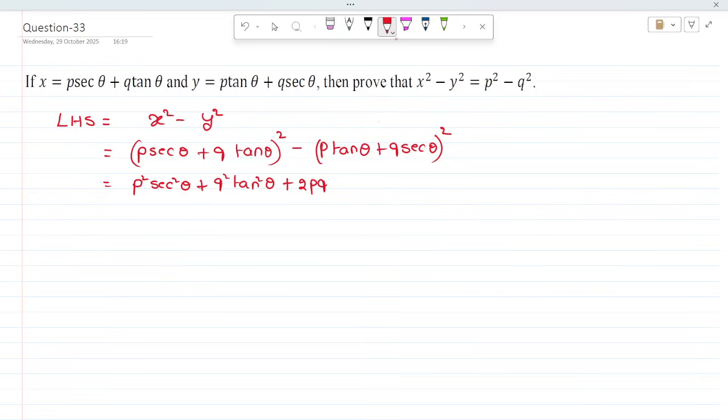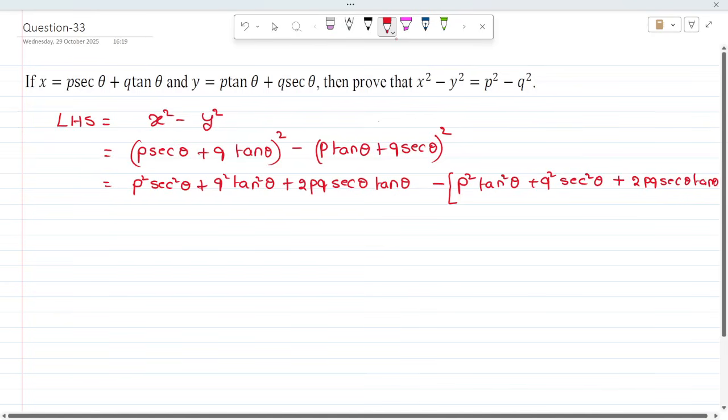plus 2pq secant theta into tan theta, minus p square tan square theta plus q square secant square theta plus 2pq secant theta tan theta. See, you open the bracket. Agree?